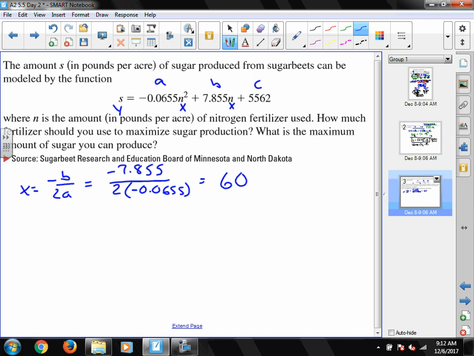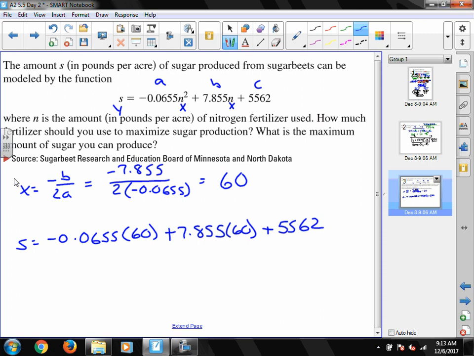And to find the other part of our vertex, we're going to get that S is equal to negative 0.0655 times 60 squared plus 7.855 times 60 plus 5562. Plug that into your calculator. You are going to get 5,798.